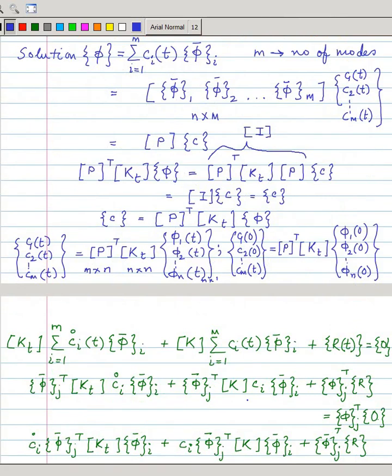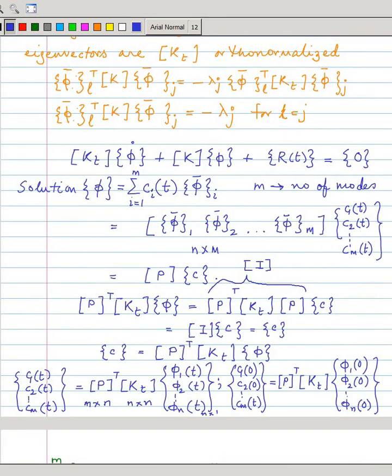So this is our starting equation. Here you assume phi as c times the modes, and this will get differentiated: ci dot t phi bar I, and summation is implied over the repeated index.